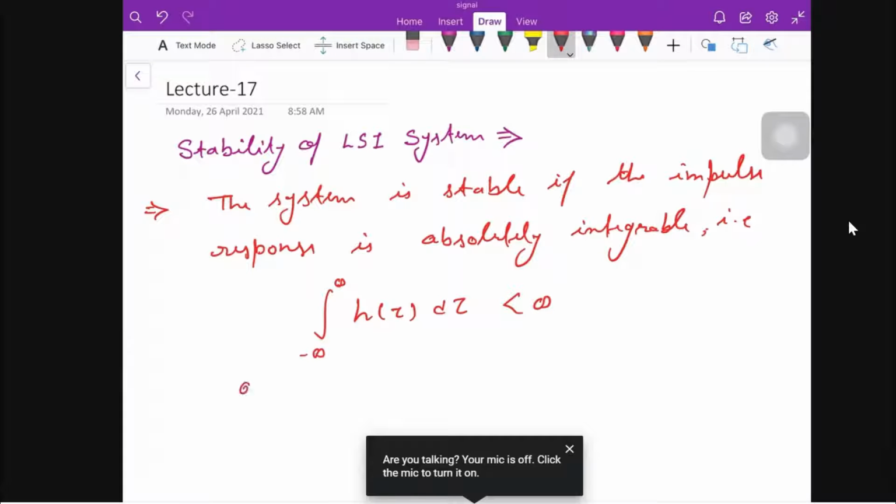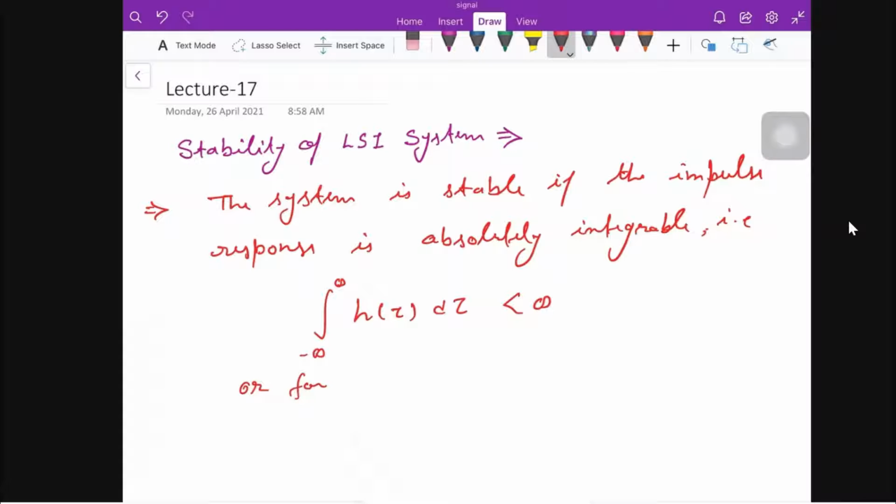Or for a discrete system, it will be the summation k equal to minus infinity to infinity of mod of h[k], which should be, or must be, less than infinity.